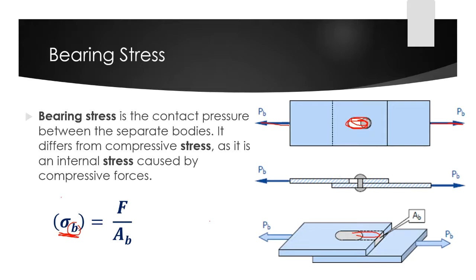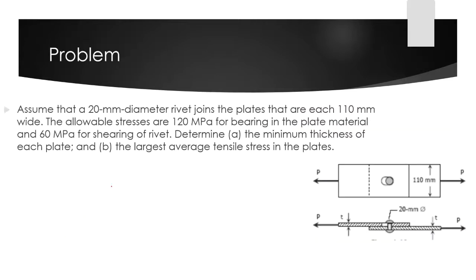the stress, with subscript B so that we'll know that it is the bearing stress, that is still equivalent to force over area. So for example, assume that a 20 millimeter diameter rivet joins the plates that are each 110 millimeter wide.